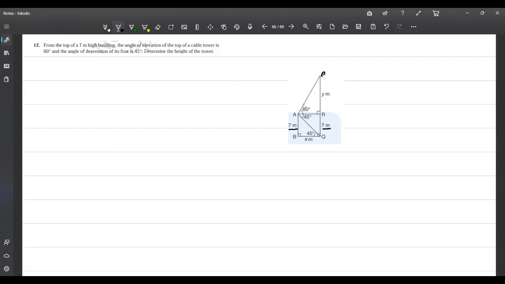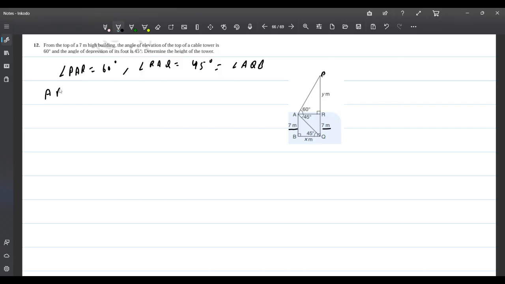So in the figure, AB represents a 7-meter high building and PQ represents a cable tower. The angle of elevation to the top P is 60 degrees, and the angle of depression to the bottom Q from the same point A is 45 degrees. So angle PAR is equal to 60 degrees, and angle RAQ is 45 degrees, which is equal to angle AQP.